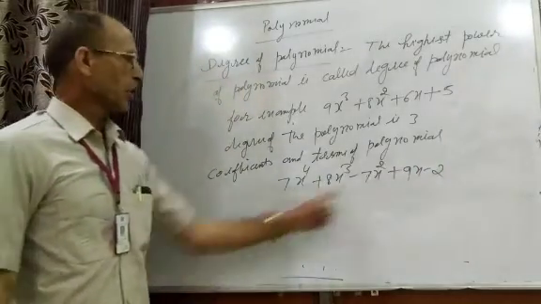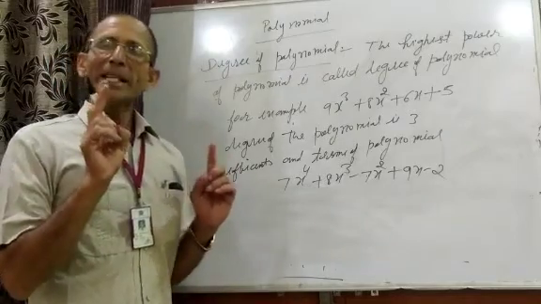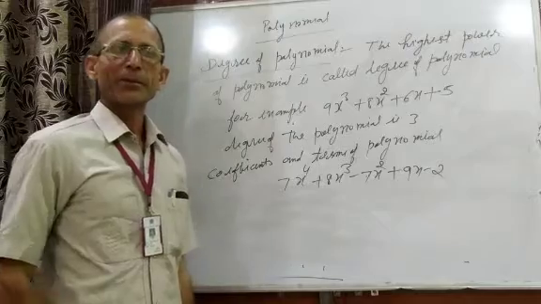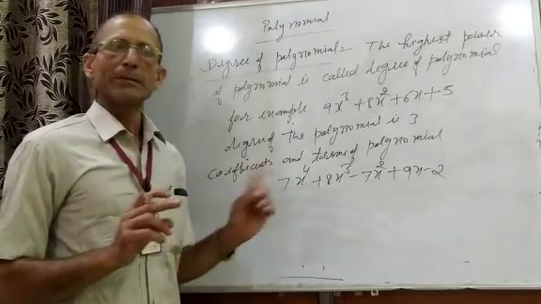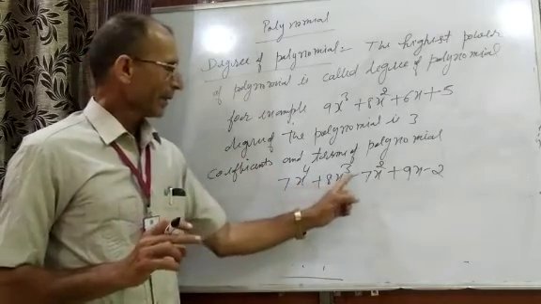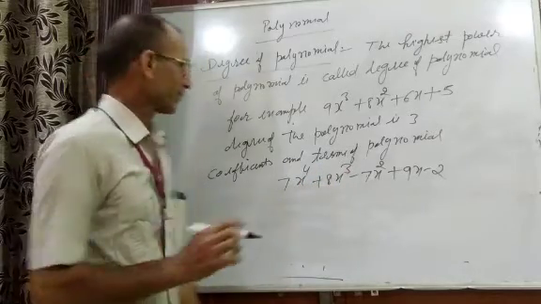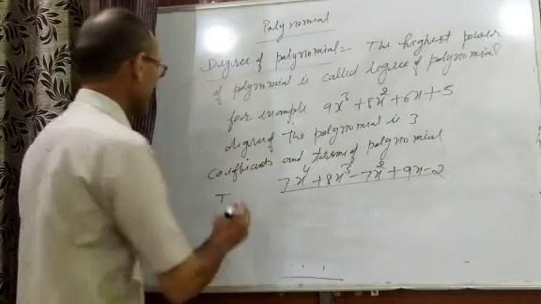This is a polynomial. One thing keep in your mind, addition and subtraction make terms. Division and multiplication will not make terms. Only addition and subtraction, plus or minus, will make terms. So this polynomial contains 5 terms.